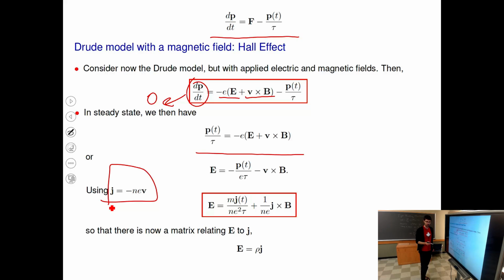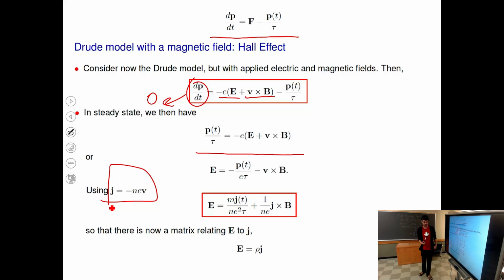We can rewrite this expression in a steady state in terms of J. What we have here is again a relationship between E, the electric field on the left, and J on the right. But now this is a vector equation that is not so easy to make scalar.